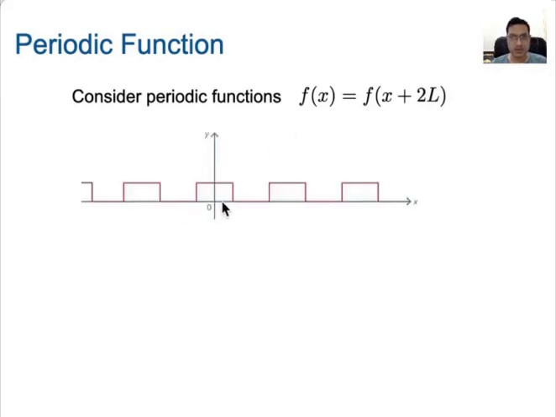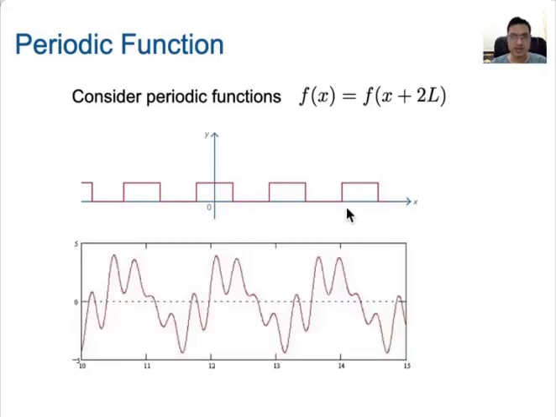Okay, so let's see how this looks. So here is a periodic function. You see that this rectangle or step shape is repeating after a certain interval. Or the other periodic function can be seen like this. You could see this is some kind of wave, and then after this point it starts repeating itself, then after this point it starts repeating itself.